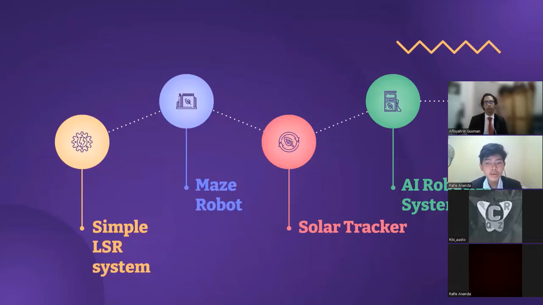The second is the maze robot, the next step if our program is developed. The third is the solar tracker, the next step after the maze robot. And the last one is the AI robotic system, the future step of the program.